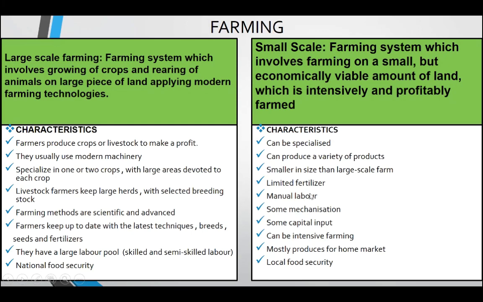But there are also conditions that are specific to sugarcane farming, because sugarcane farming is not done everywhere. So there will be specific factors that favor sugarcane farming, but there will be other factors that you could get from the factors that favor farming. Now let's look at the specific factors.